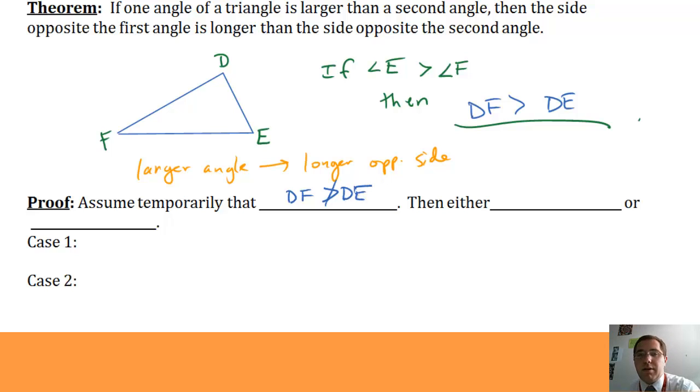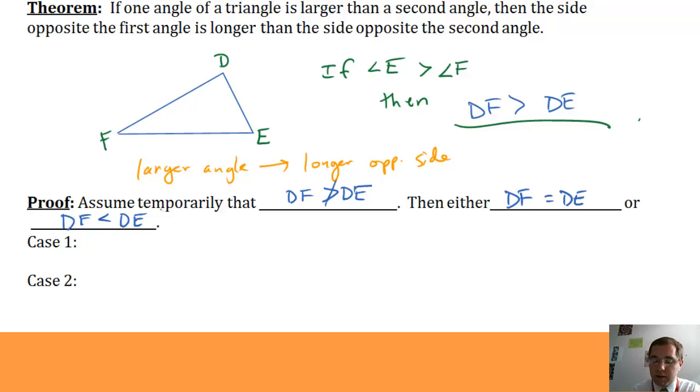If it's not greater than DE, then either DF equals DE, and then DF is certainly not greater than DE, or DF is less than DE, then it can't be greater than DE. So we have two possibilities.